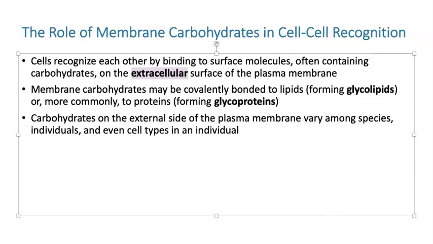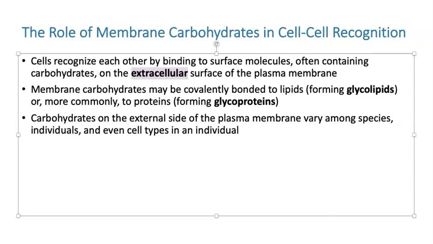Extracellular surface of that plasma membrane. Those carbohydrates, again, are so important, but they could be either connected to lipids or proteins. If those carbohydrates are attached to lipids, we call them glycolipids. And if they're attached to proteins, and this is much more common, they're called glycoproteins.